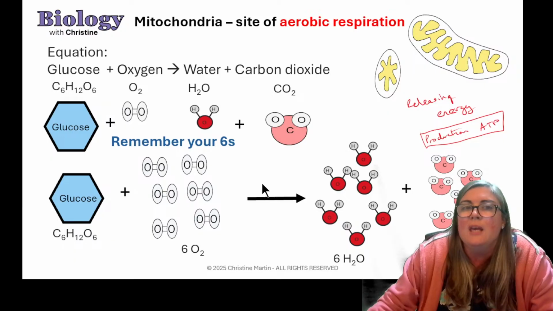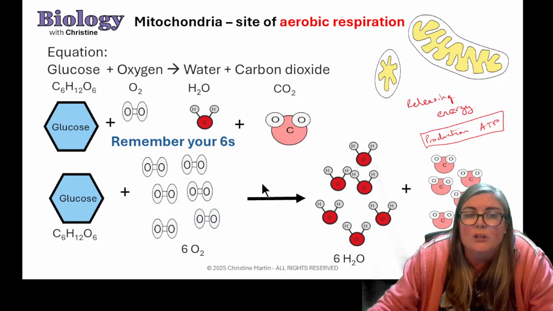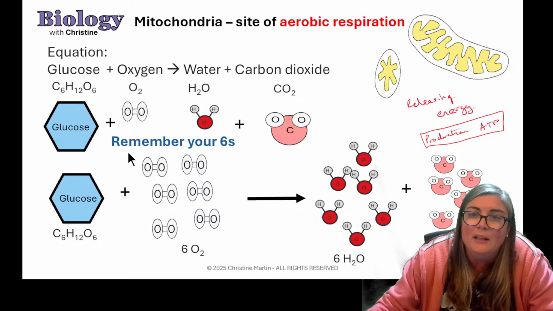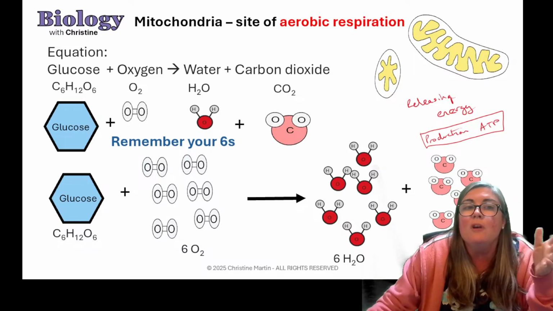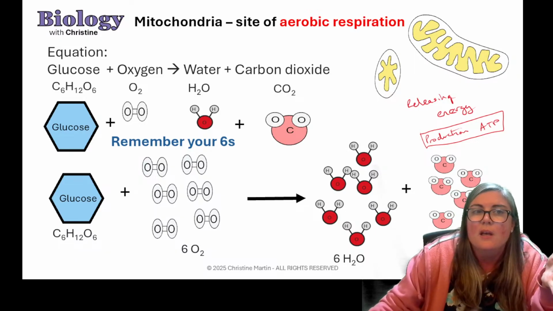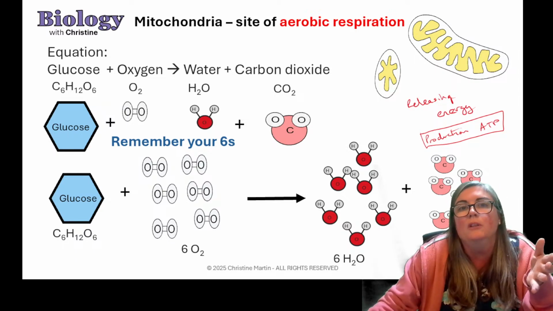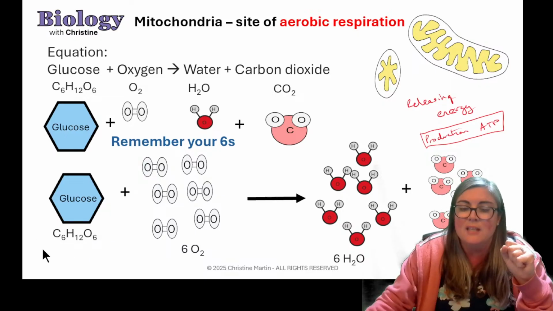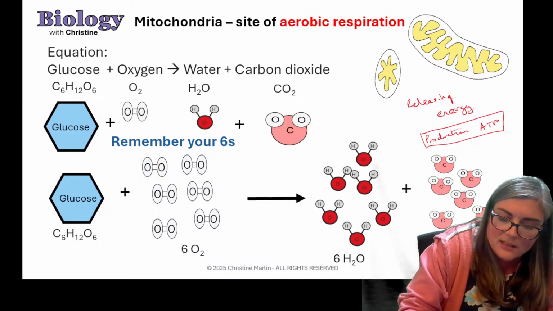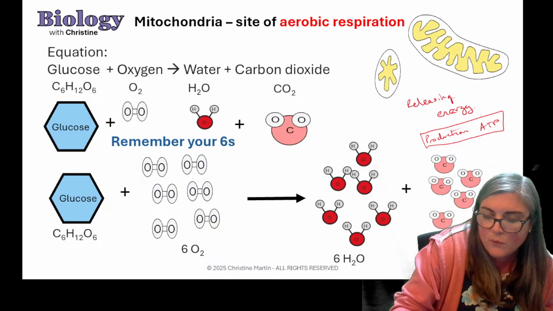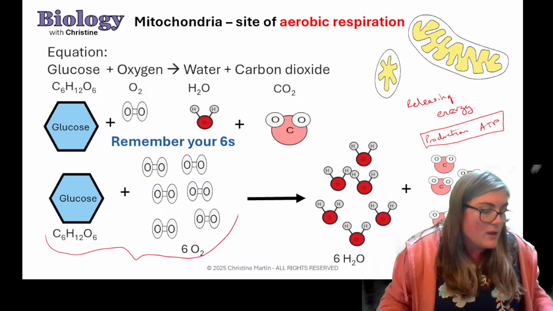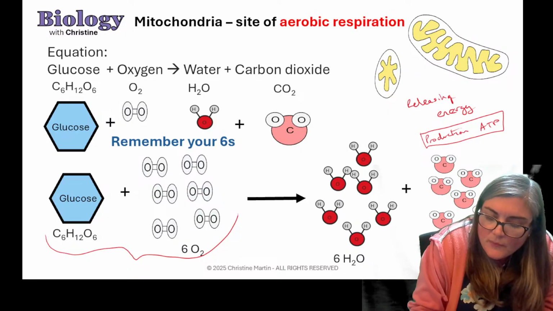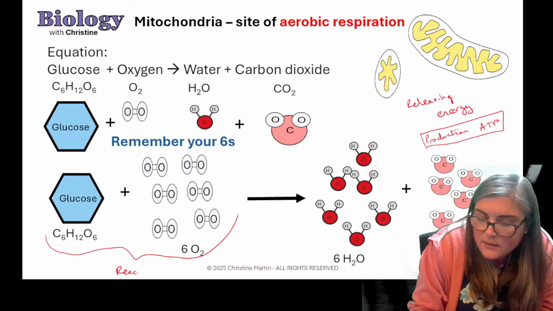Now, the key thing is, if you are a higher level student, you will need to remember your sixes. You have to be able to balance that equation. And because you're having to balance that equation, if there are 6 carbons, when we rearrange the molecules, we're going to end up with 6 carbon dioxides. We know that before our arrow is our reactants, let me just move this right. This is our reactants.